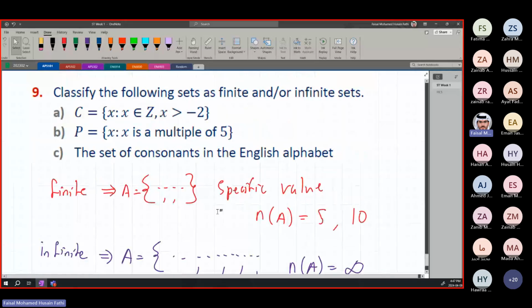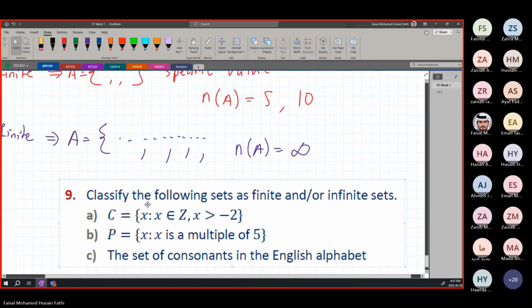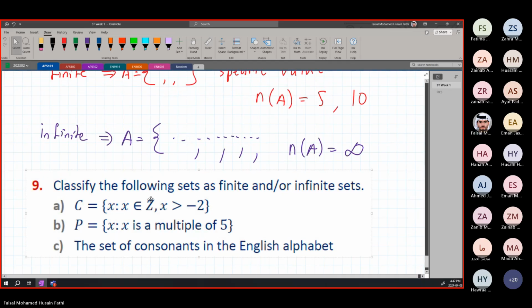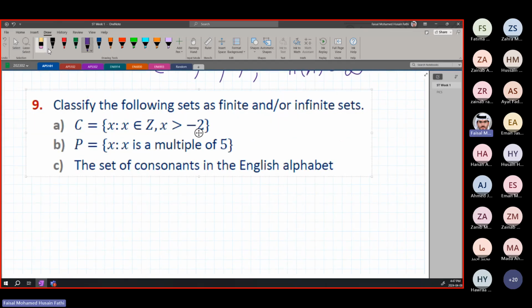For example, let's do the first question here, part A. So you will see here very clearly the point I'm trying to make. Part A, C is equal to, let's write it down, X, where X is an element of Z, all right?